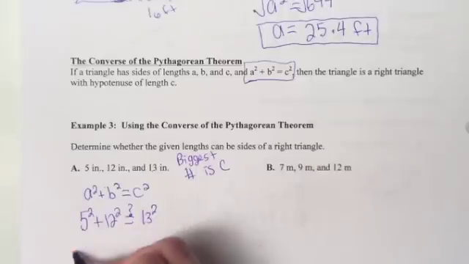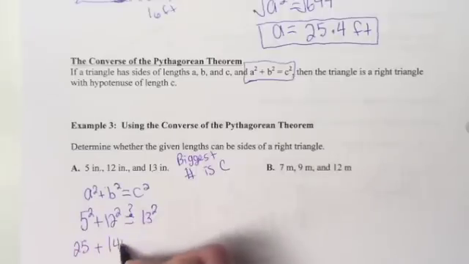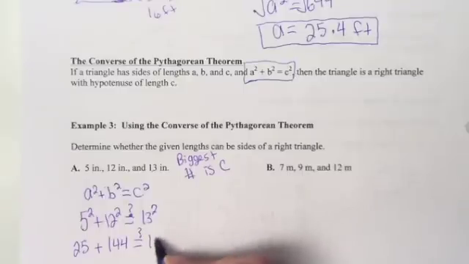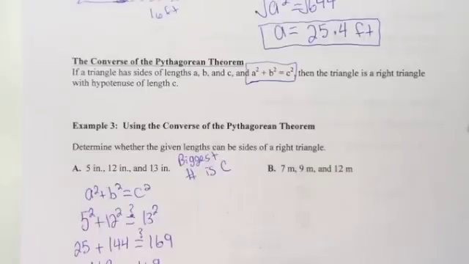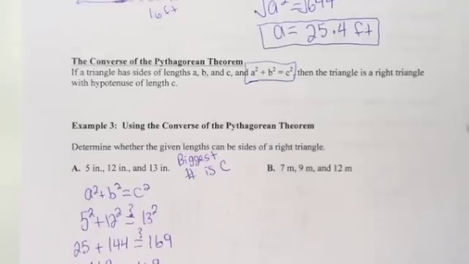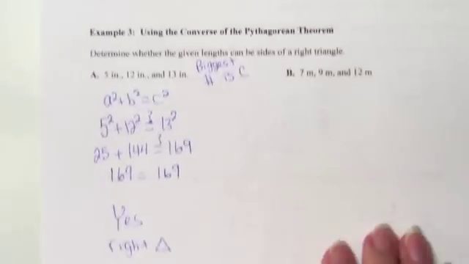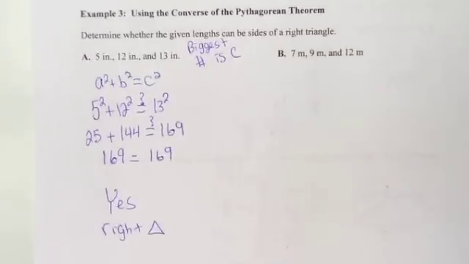We get 5 squared, that gives us 25, plus 12 squared, which is 144. We want to know, is it equal to 13 squared, which is 169? When we add these together, we are in fact going to get 169 does equal 169. So then we say, yes, it is a right triangle because those are equal to each other.